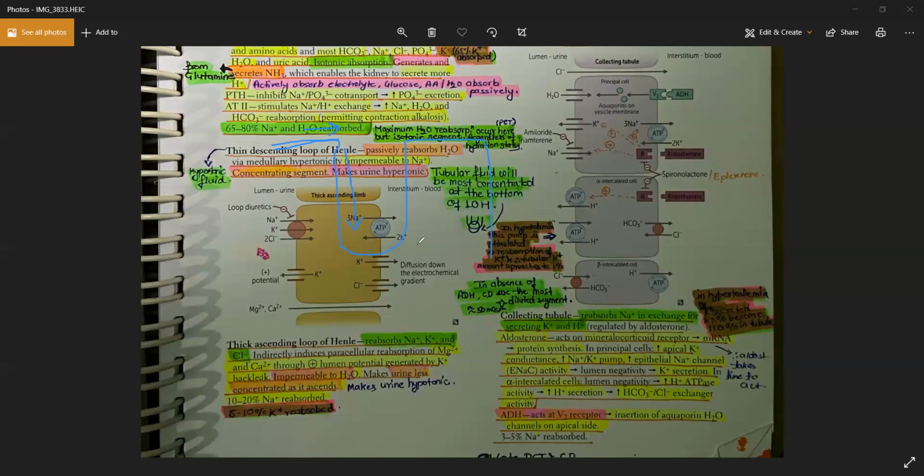At the lowest portion of this loop of Henle, it becomes maximally concentrated. As it ascends upward, you will have absorption of solutes. So more free water will be present in this filtrate. So as this filtrate ascends upward, it will start getting diluted, right? And when it reaches the DCT, can it become maximally diluted?